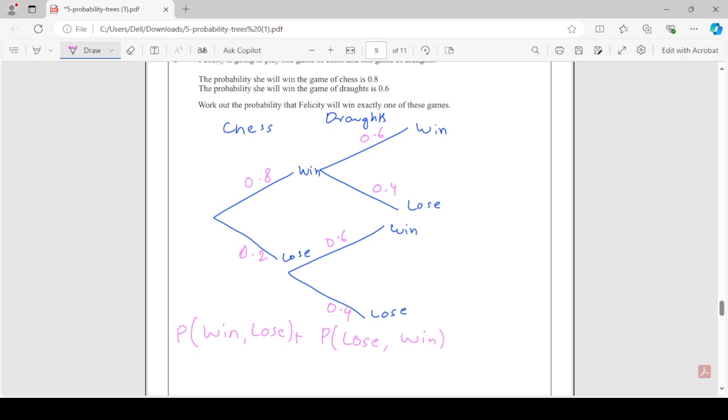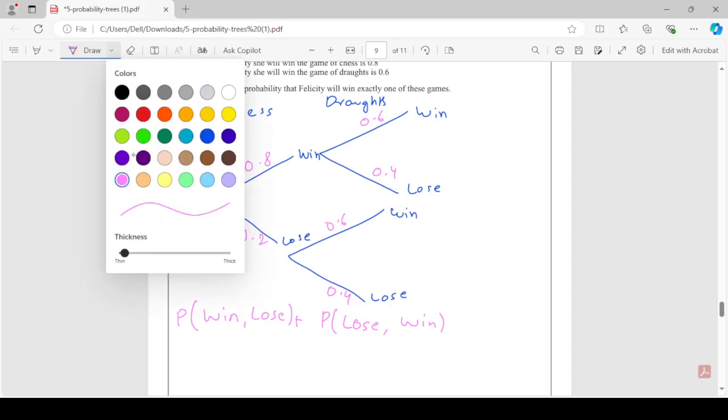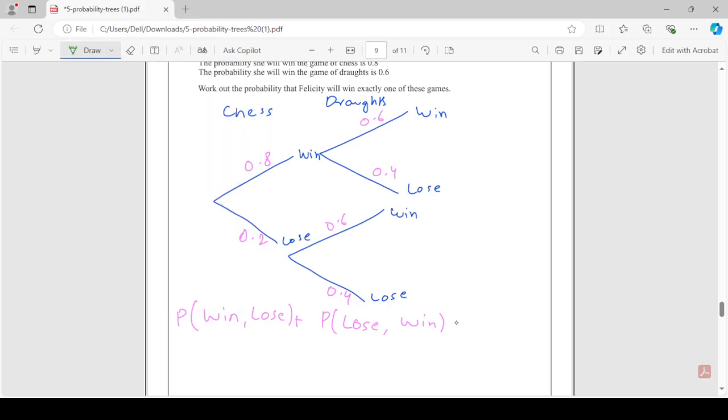These are the only two combinations that you could have. When the question says exactly, she cannot win both the games and she cannot lose both the games. But if the question said at least, then I would include one more possibility, and that would be win and win. She wins both of these games.